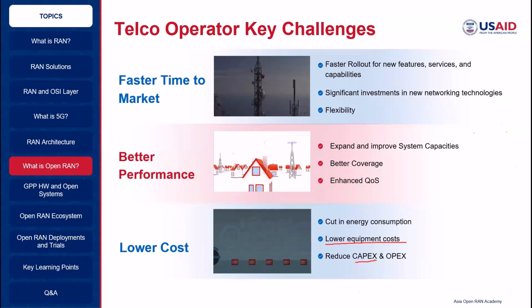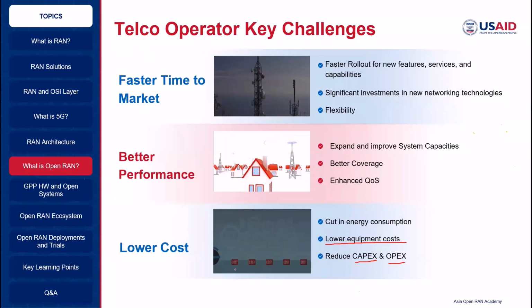When you use money to buy equipment, services, licenses, or software, we call it capex, capital expenditure. When you use the money for operations and maintenance, by paying bills like electric bills, gasoline, and paying the highly paid RF engineers or the optimization or operations team, we call it OPEX, operational expense.